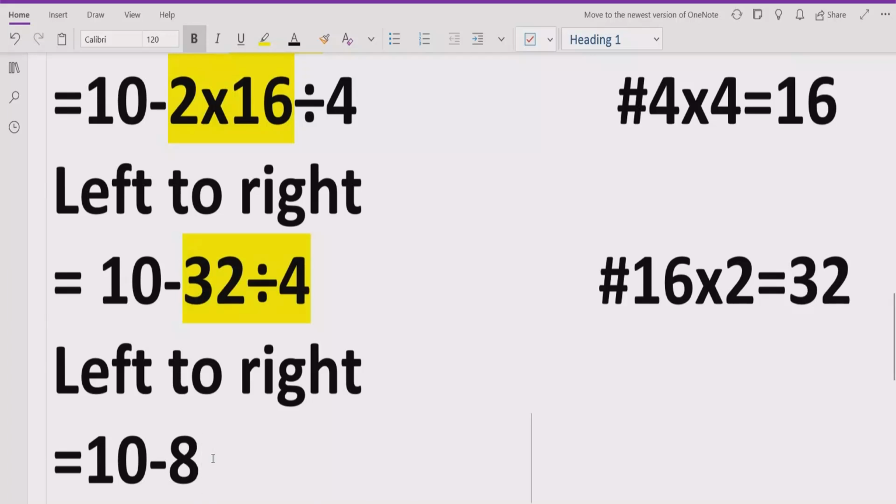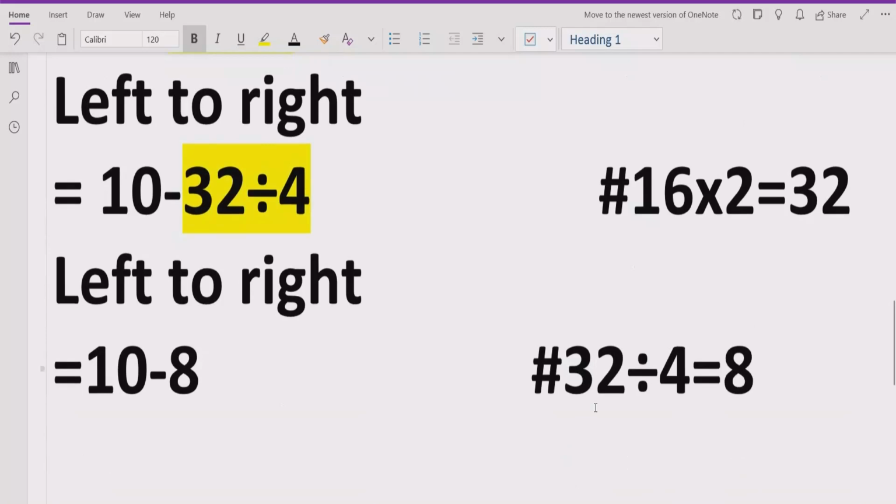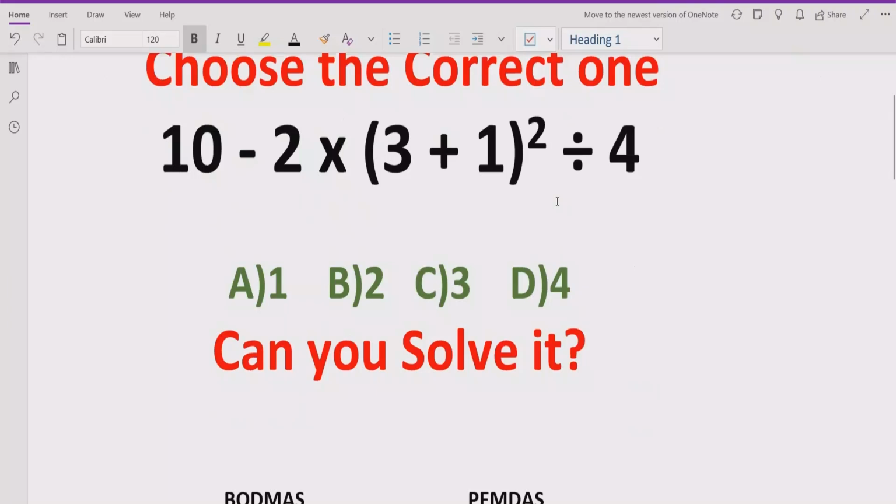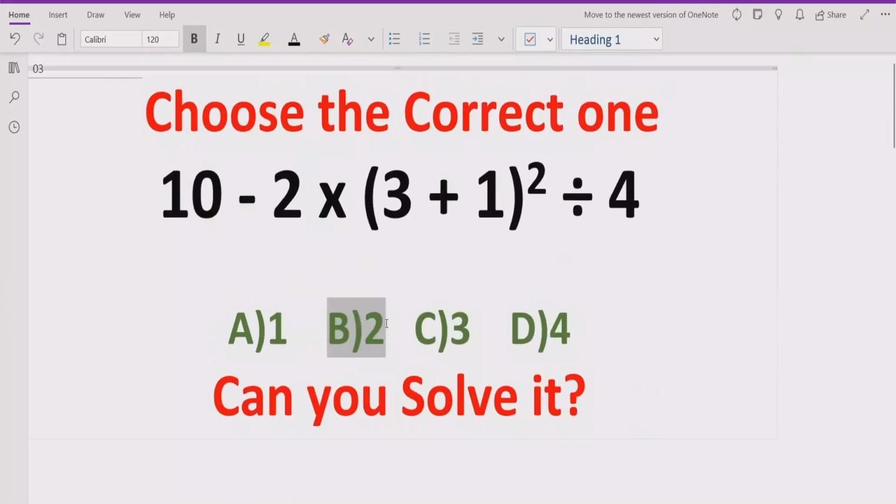Here we give the reference: 32 divided by 4 equals 8. Now we have two terms which are subtracting each other. So we will subtract both of them and get the answer 2. So the answer of the given expression is 2. If you see the answer list, answer B is the correct answer of this expression.